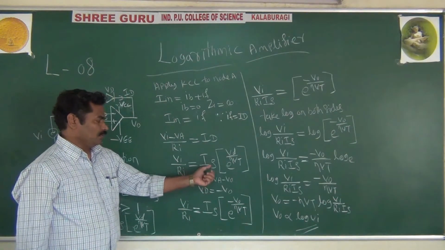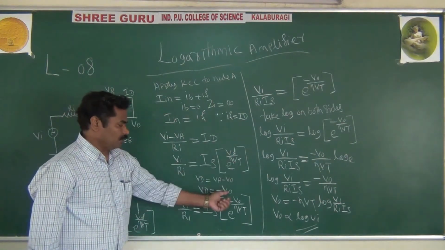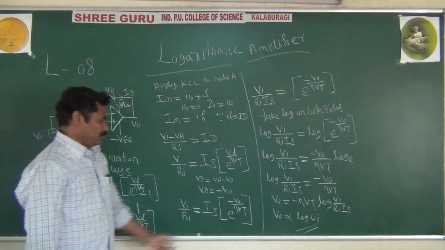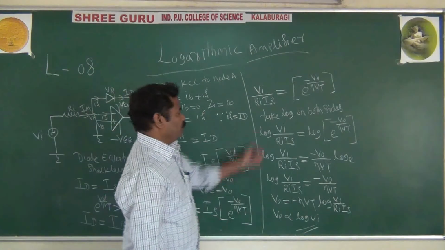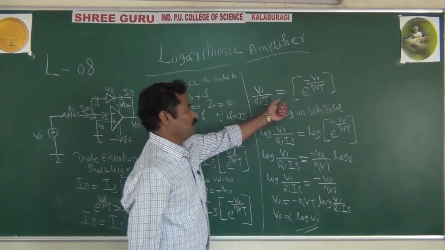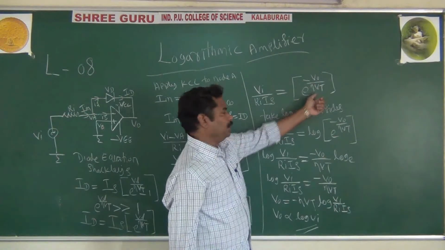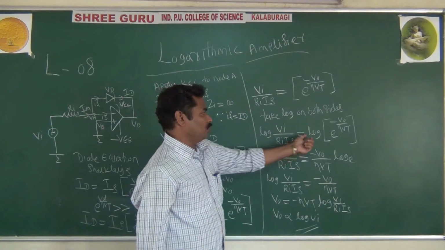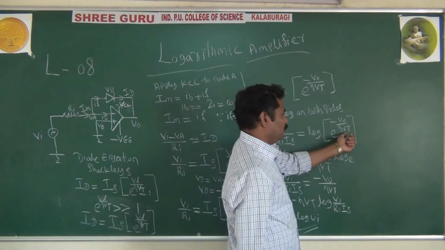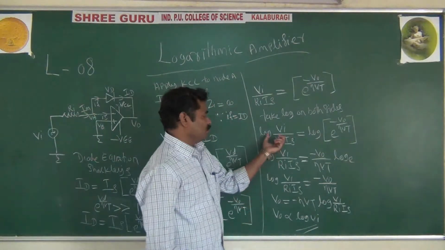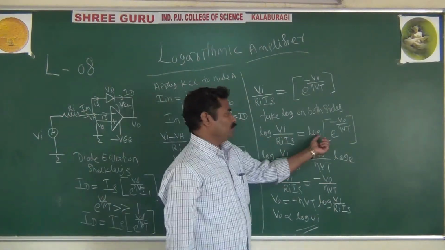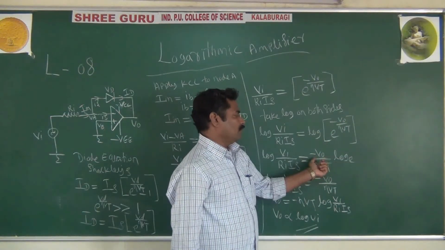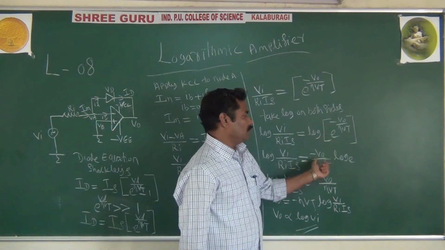Then Vi by Ri as it is. In place of this Vd you can write minus V naught, Is into e raised to minus V naught by eta into Vt. Then you take Is to this side, Vi by Ri into Is equal to e raised to minus V naught by eta into Vt. Then take log on both sides. As usual, this is as it is, and here the important thing, log m raised to n is nothing but n log m.